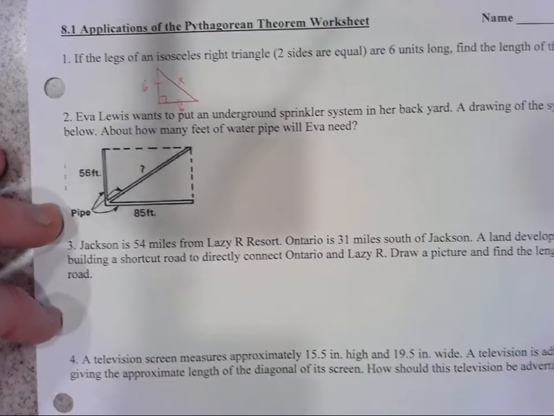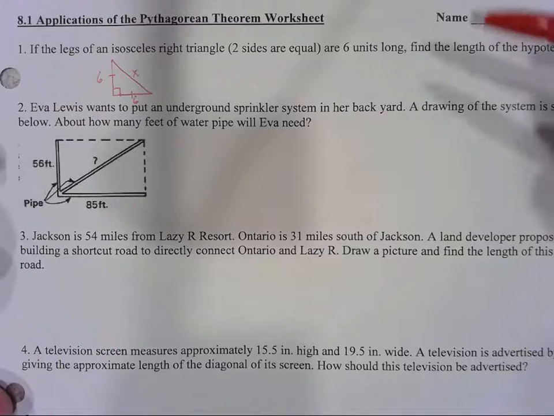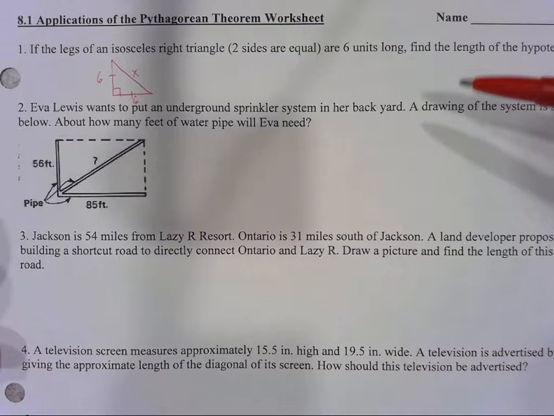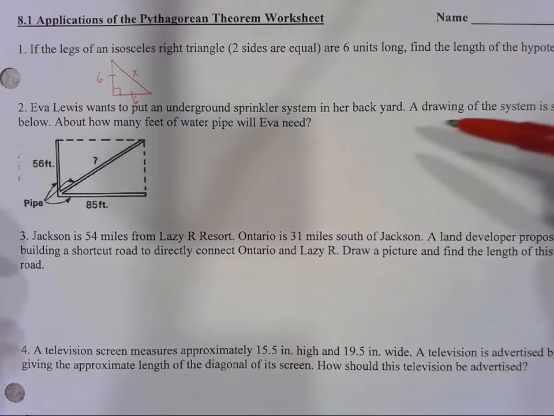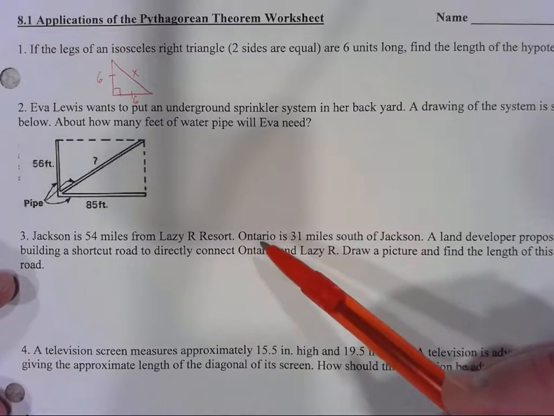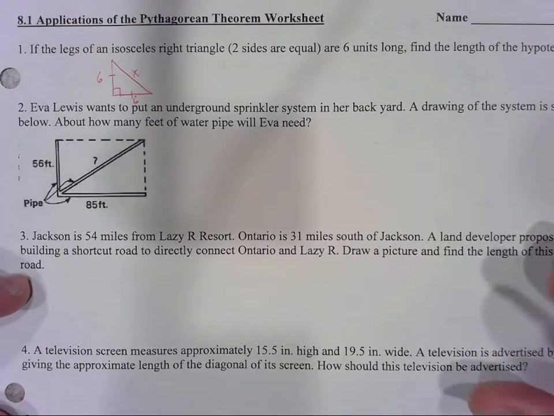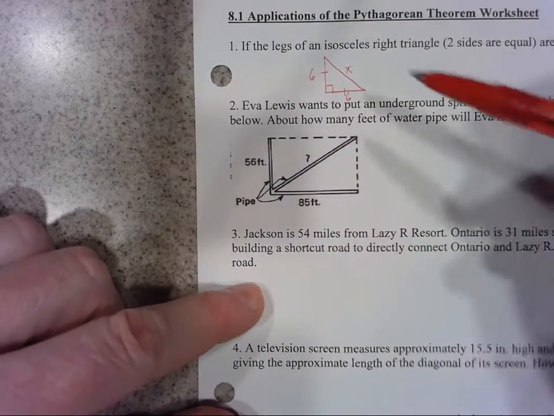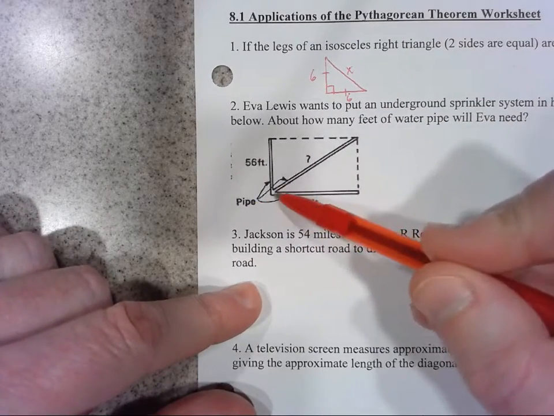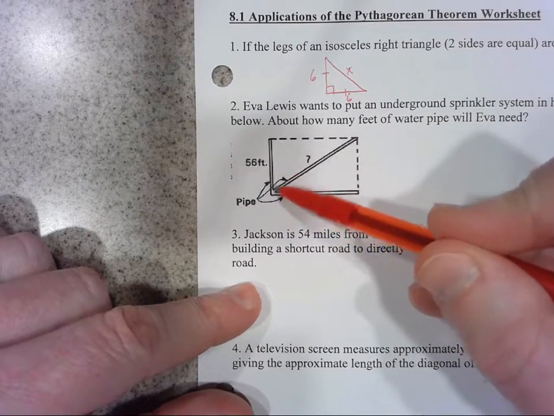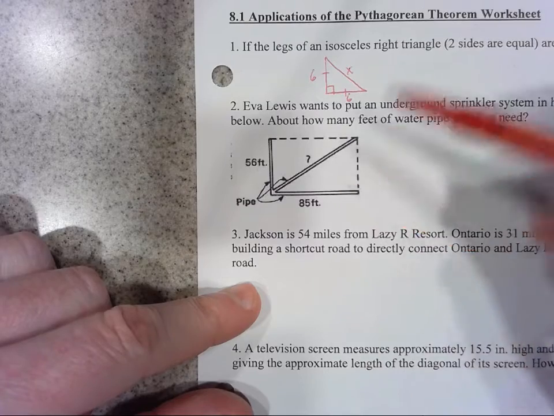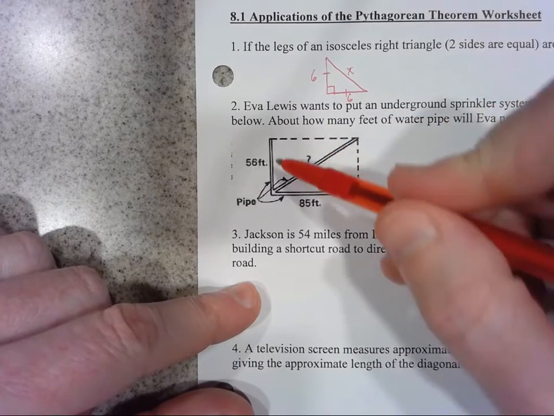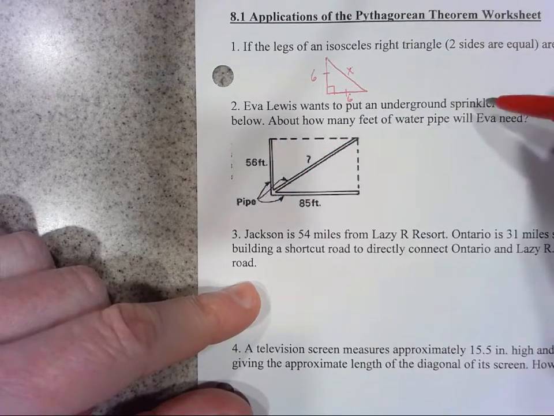Number 2, Eva Lewis wants to put an underground sprinkler system in her backyard. The drawing of the system is shown. About how many feet of water pipe will Eva need? The diagram shows 3 pipes, and you need to figure out the total length of water pipe she needs.